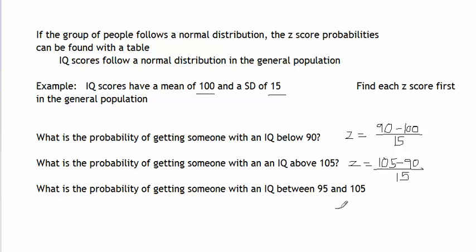For this one, you get both z-scores. For 105 and 95. This one comes out to negative 10 over 15, which is negative 0.67 rounded.